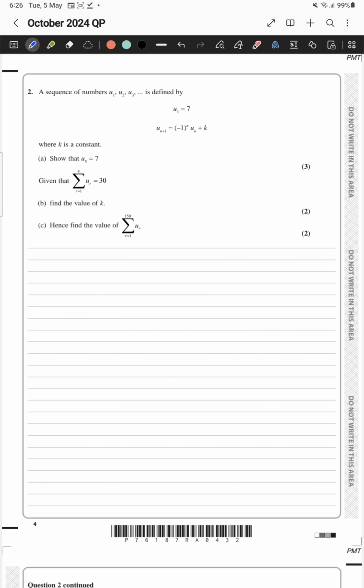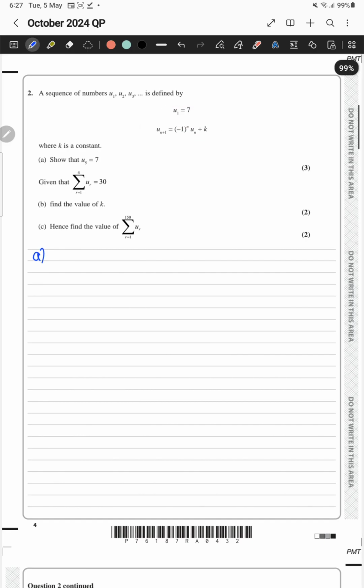A sequence of numbers is defined: u1, u2 and u3. u1 is 7, u(n+1) is going to be minus 1 to the power of n times u n, plus k. Show that u5 is 7. So now you have to find u2.